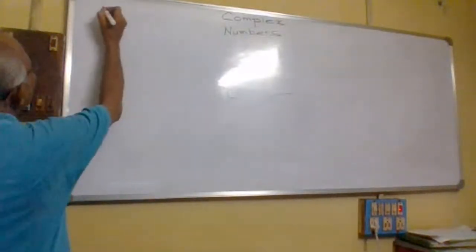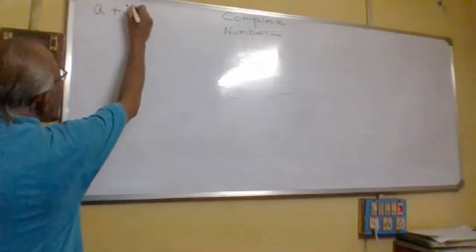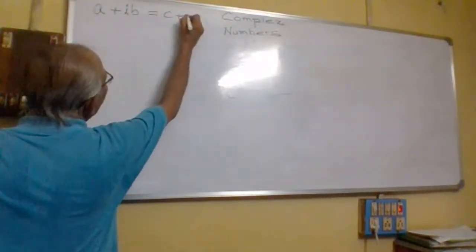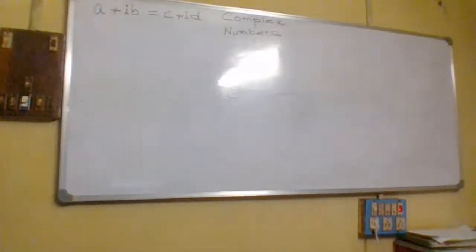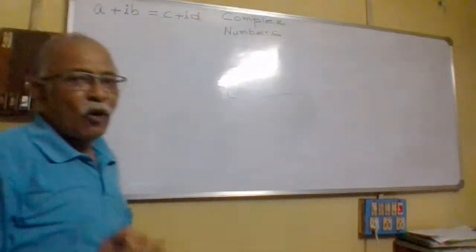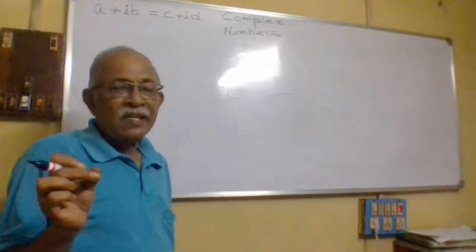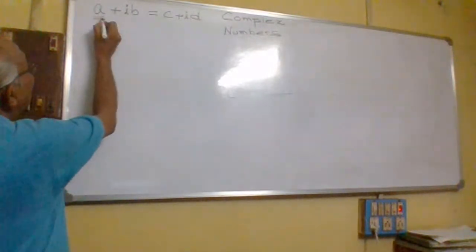If a plus ib equals c plus id, where a plus ib is a complex number and c plus id is a complex number, from this equation, a is called the real part.